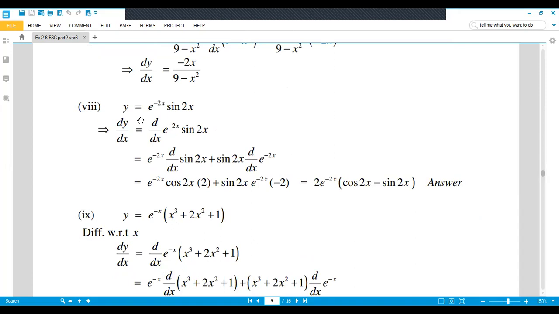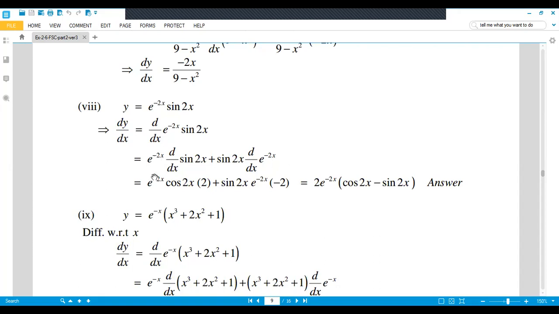In eighth part, you have given e power minus 2x. You know that exponential function derivative is as it is that exponential function, and the further derivative of its power or exponent. So dy by dx, here again they are given in form of product. So the first value we write as it is, derivative of the second value, plus second value as it is, derivative of the first value.